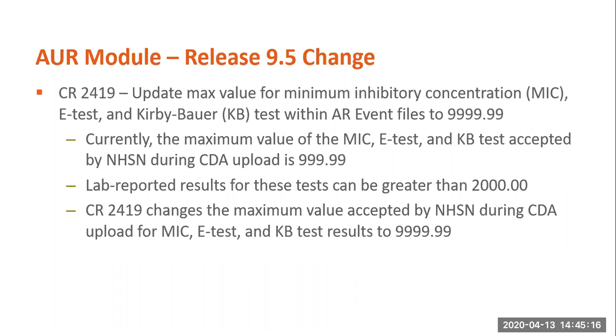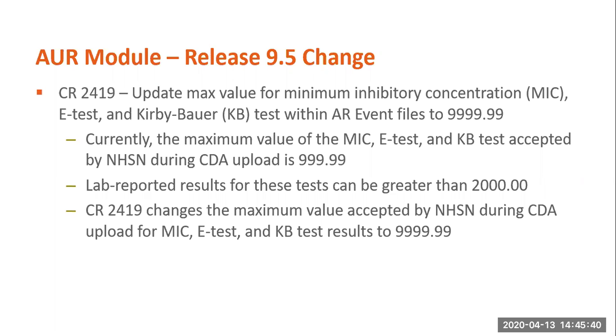Change request 2419 updates the maximum value for the minimum inhibitory concentration, or MIC, E-test, and Kirby-Bauer, or KB test, within NHSN. Currently, the maximum value of the MIC, E-test, and KB test accepted by NHSN during CDA upload is 999.99.